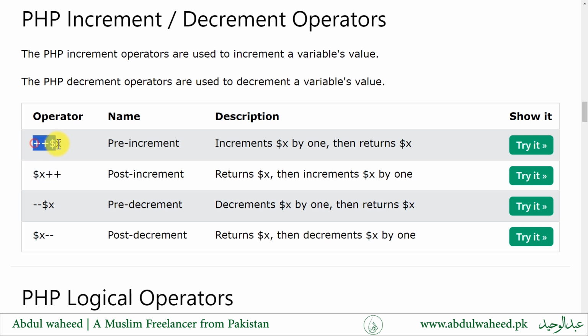Note that the difference between these two operators is that pre-increment first increments, then gives us the value of x. And post-increment returns x, then next increments its value.